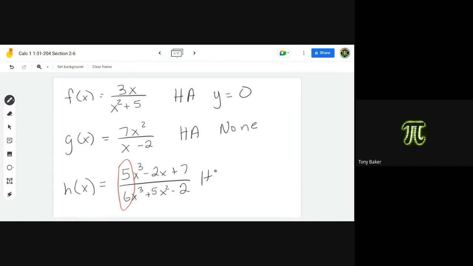So in this case, my horizontal asymptote is 5/6. And the reason that's true is because the further you go out, the bigger those numbers are, only the highest degrees are going to matter. Okay? Because as you get bigger and bigger, this 2x isn't going to mean much. All right? But that x to the third is going to stay because that's the biggest one. And then in essence, those would cancel each other out because they're the same on the top and the bottom.